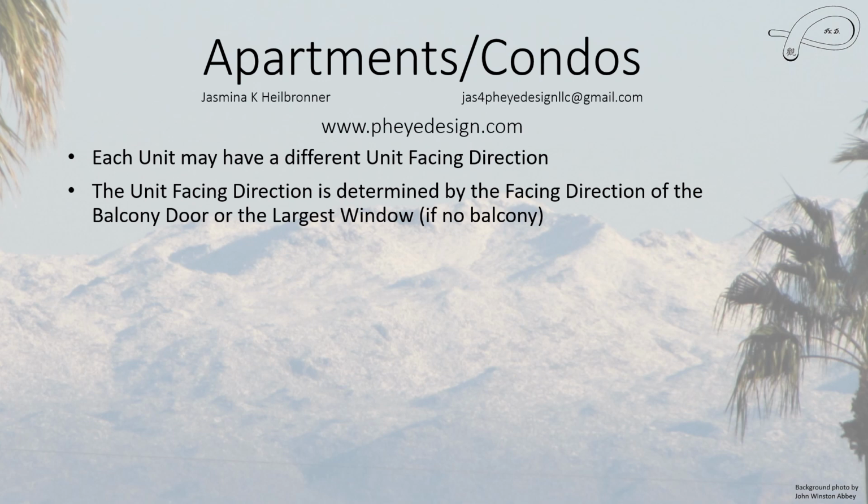If you've got more than one balcony, it's the one in the family area. And if you have a sliding door at your balcony door, it's the center of the moving part, the sliding part. And if it's the largest window, most large windows are not operable because they're quite heavy to move something that big. So they're fixed windows. Take the center of that window.